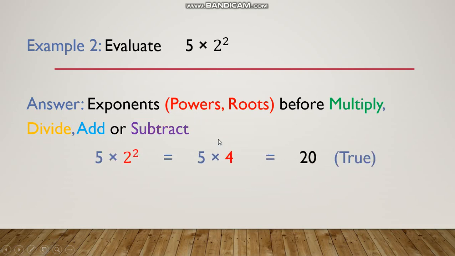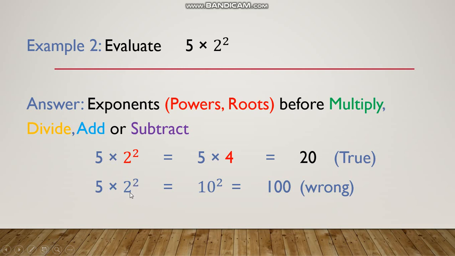5 times 2 squared equals 5 times 4. The 4 comes from 2 squared. After that, multiply 4 times 5 to get 20. So this is the true answer. Be careful, don't multiply first from left to right, 5 times 2, and after that square, because the square is not for all of 5 times 2.